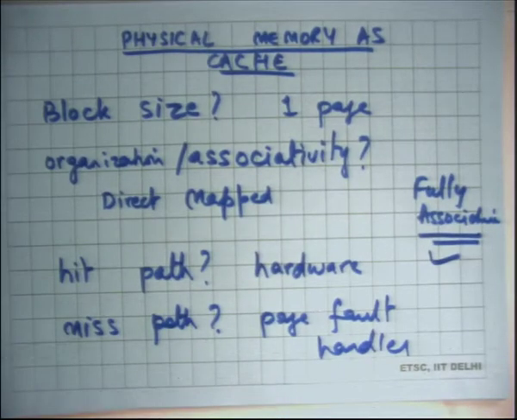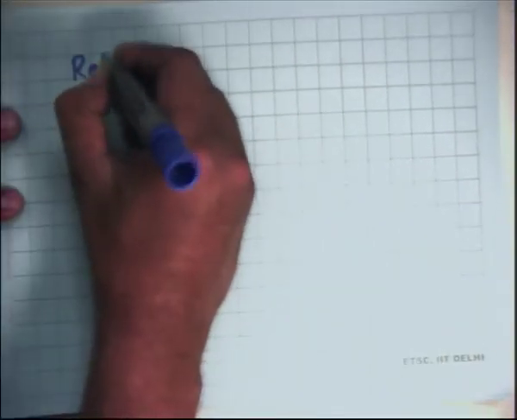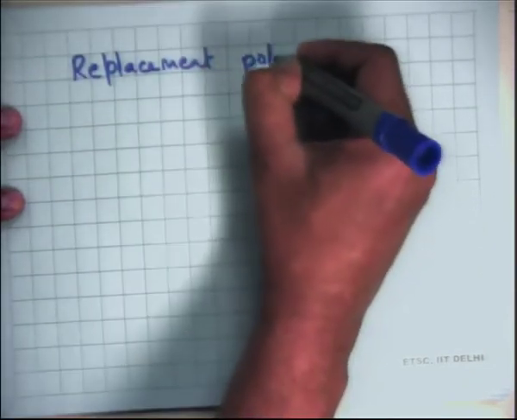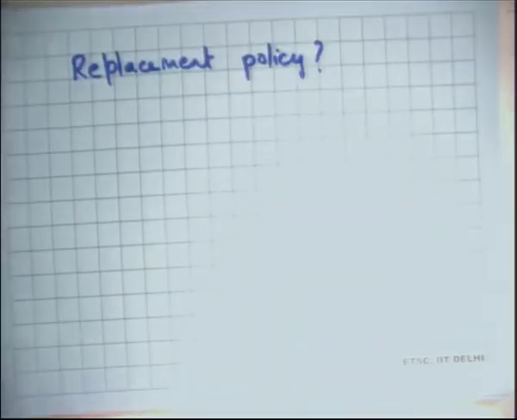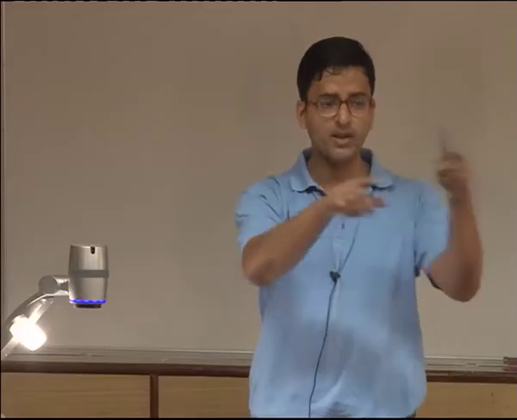Let's see what's the page replacement policy. Every cache must have a replacement policy. Basically, you want to bring a page into the cache, and your cache is already full, so you have to figure out one page to replace.